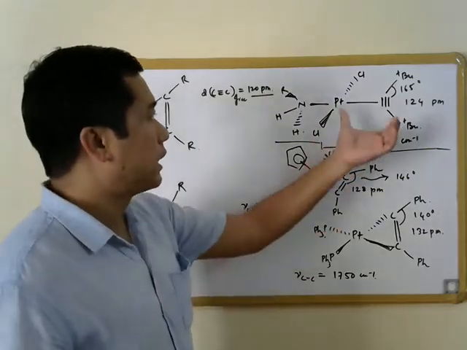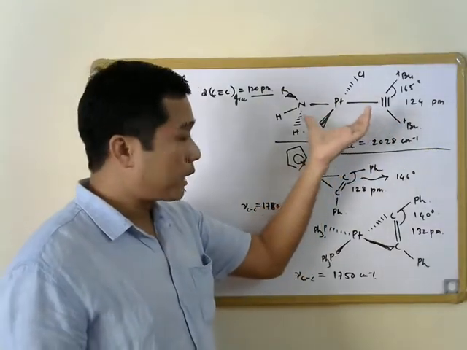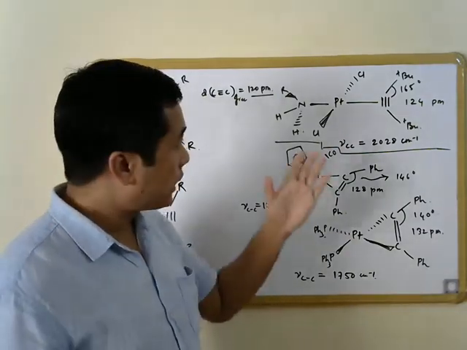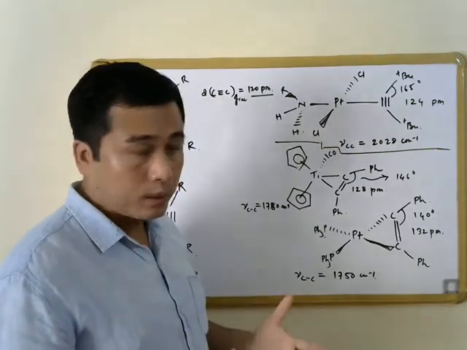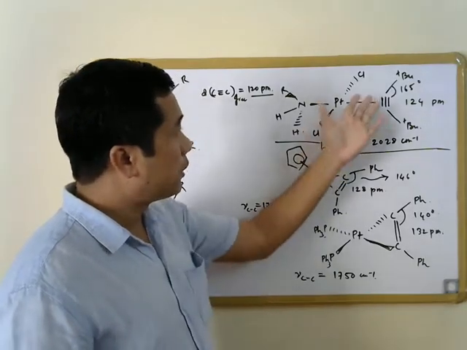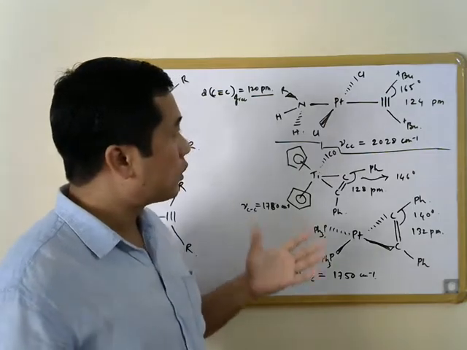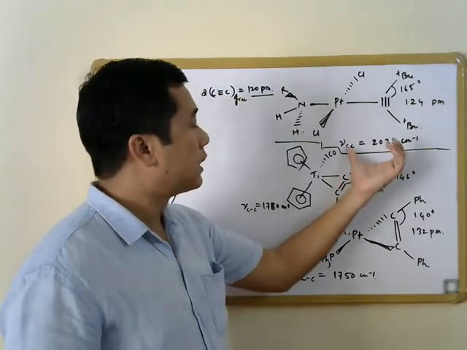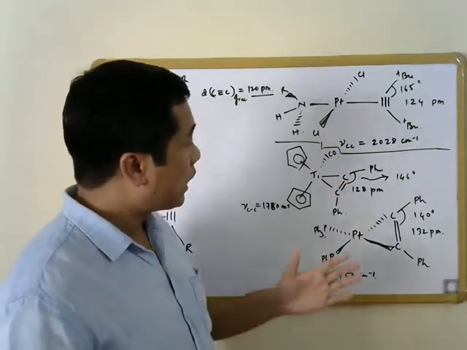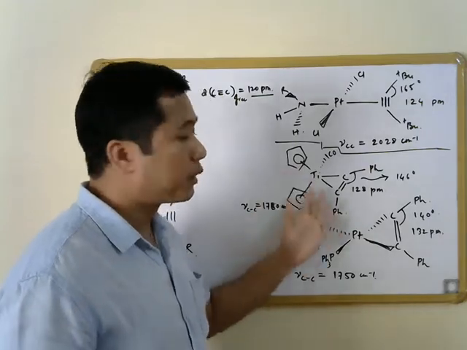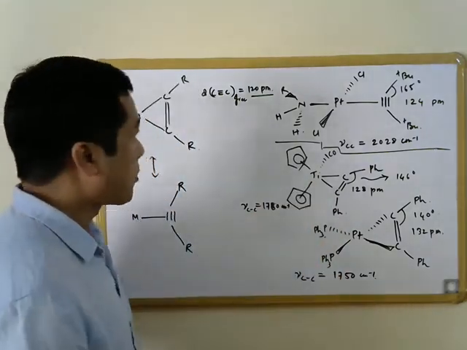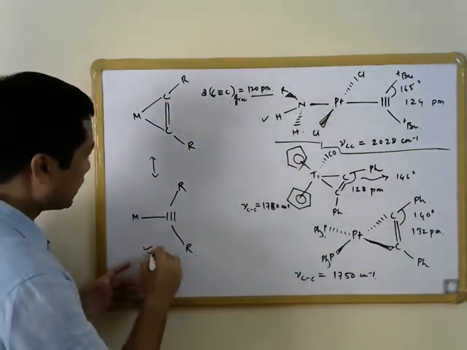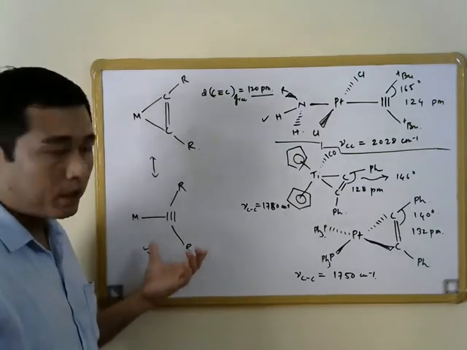And that is why we can say that in this particular metal alkyne complex, the sp hybridization has been retained to a large extent, or the contribution of p orbital has not increased substantially, and also the C≡C triple bond order has not decreased substantially, so that the C≡C stretching vibration has not decreased as compared to the decrease that we see in the other two metal alkyne complexes. And for this particular metal alkyne complex, we can say that this canonical form is more important.